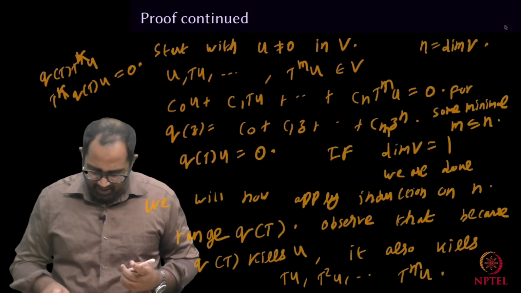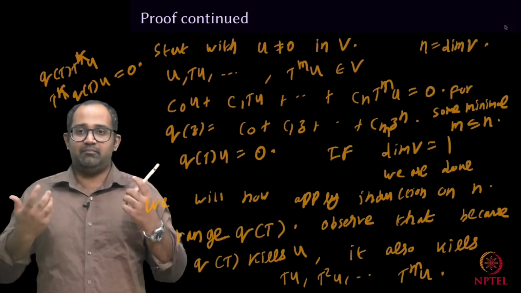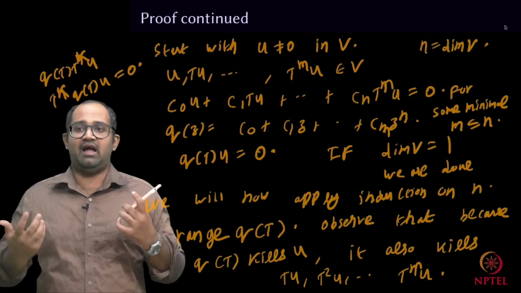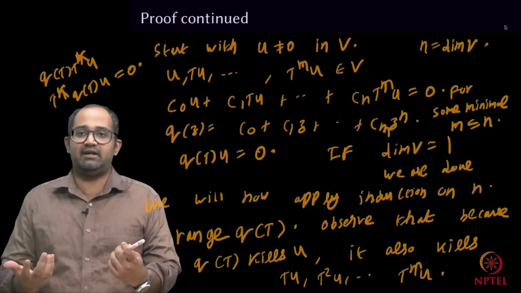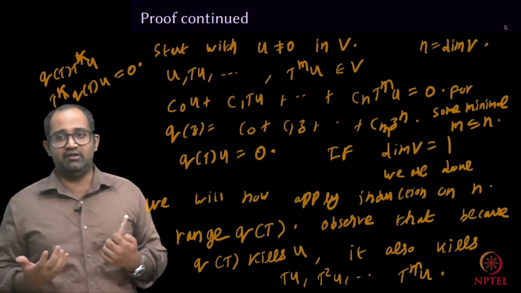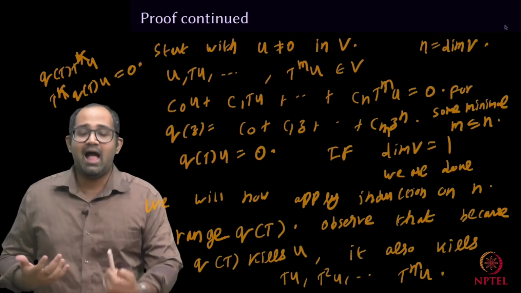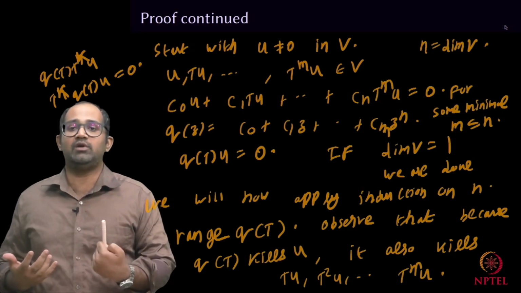We have that because when you are applying induction, let's not just make the induction hypothesis that there is a polynomial that destroys the operator t. We can use the induction hypothesis that there is a polynomial that destroys t and whose degree is less than or equal to the dimension.